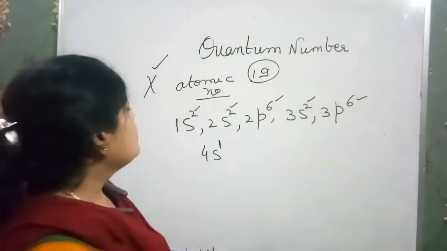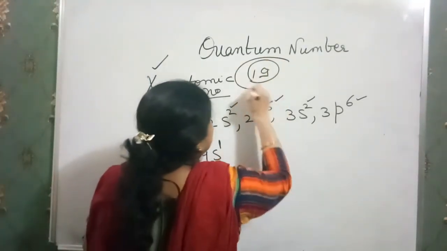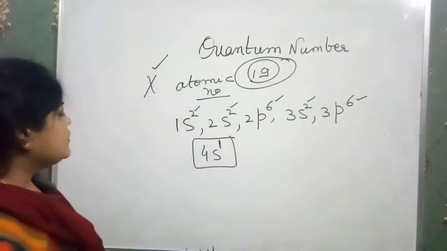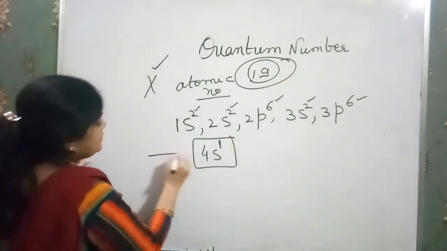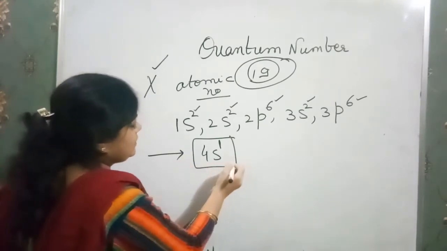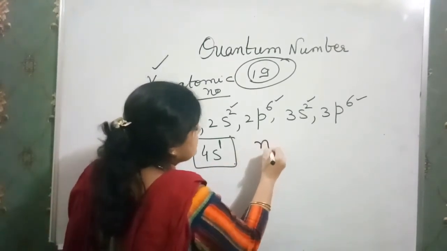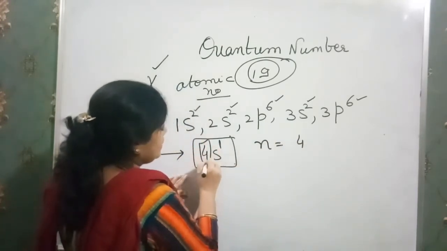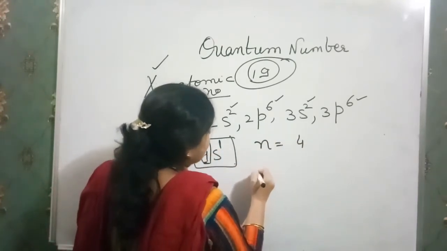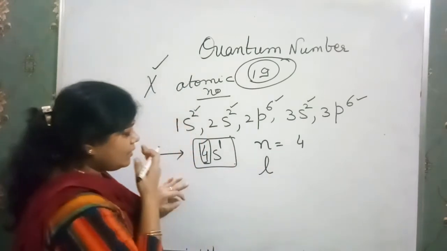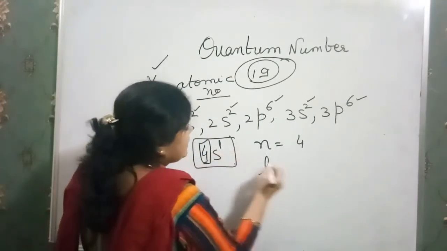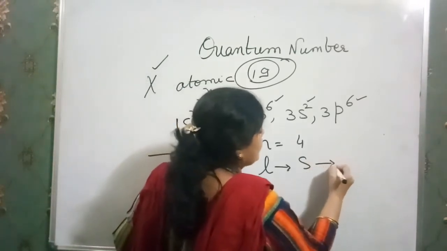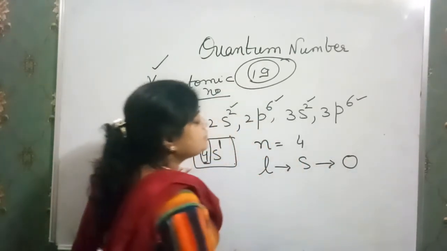Now, for writing the set of 4 quantum numbers for the last one, we see that we have 4s1. That means the principal quantum number is 4. Now the azimuthal quantum number, that is L. Here we have an s orbital, and for an s orbital, the value of L is 0.